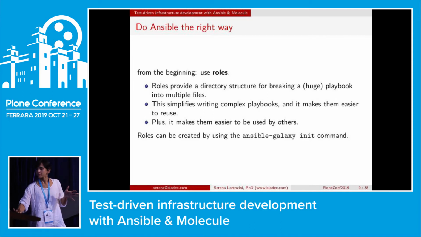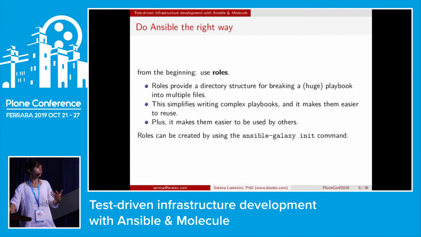It helps not only with documenting and doing things the right way, but also with writing more complex recipes, because maintaining a bunch of small files is easier than maintaining one very large playbook. It makes life easier for others and for us as well.